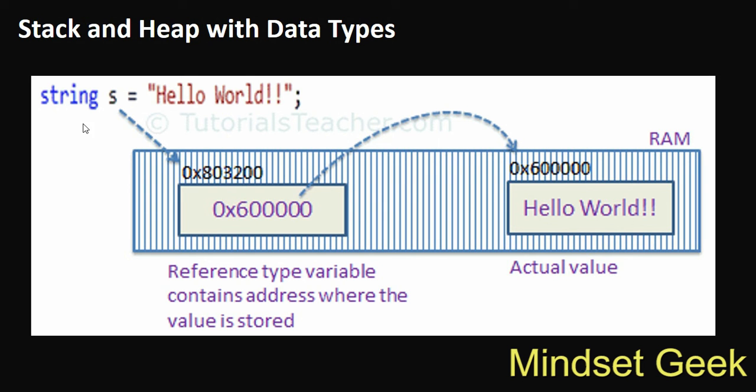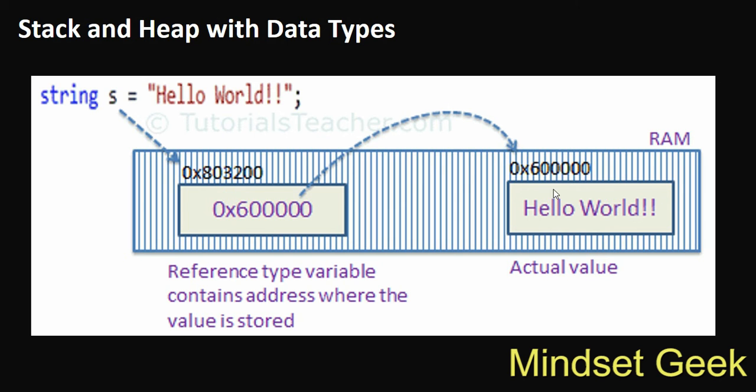In reference type, they assign as the value another memory location's memory address. Think about this. This is heap memory. This memory location holds the actual value assigned to this variable.